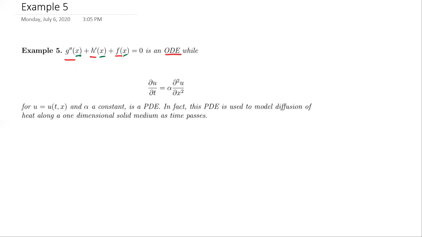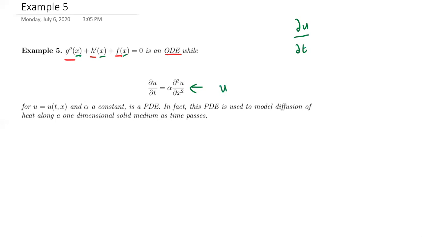Contrary to this, if you see a differential equation like this, now here, let me just very quickly introduce this notation. This is called a partial derivative. The partial derivative of u with respect to t is basically the notation you use if you want to take the derivative with respect to a variable of a function of more than one variable. Right?